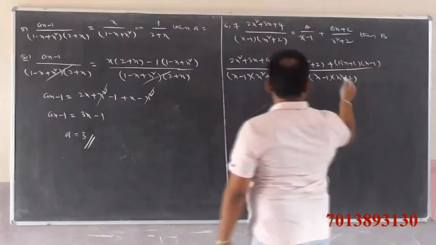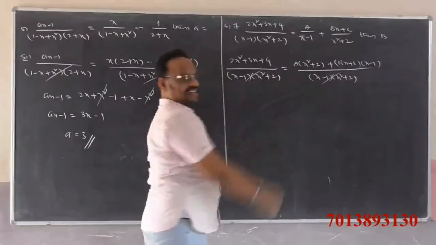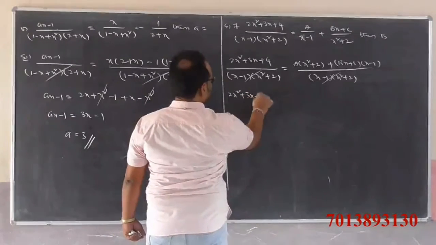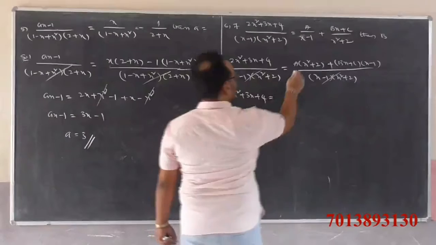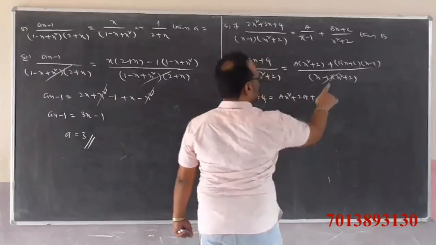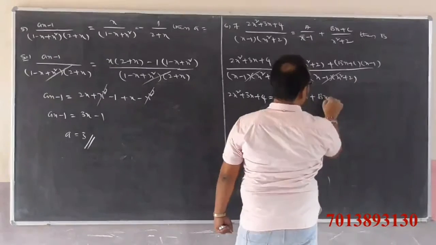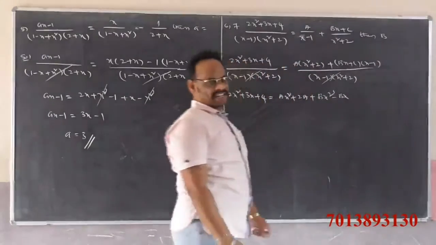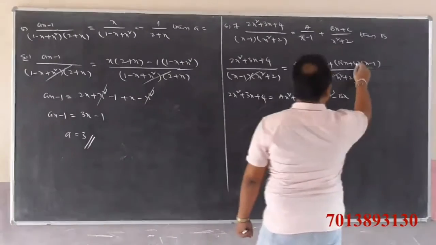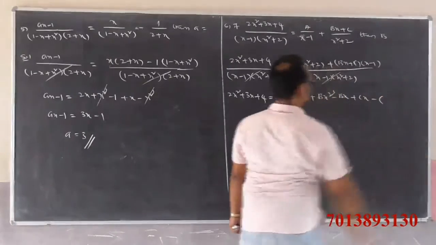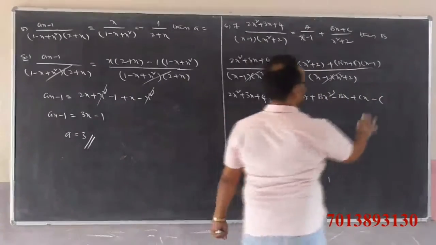So clearly this denominator gets cancelled. We get 2x square plus 3x plus 4 is equal to ax square plus 2a plus bx into x, that is bx square, bx into minus 1 is minus bx, c into x is cx, c into minus 1 we get minus c.